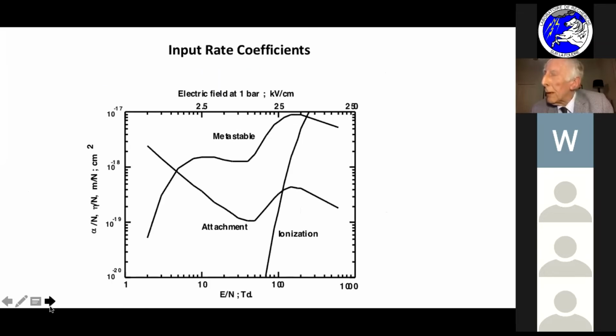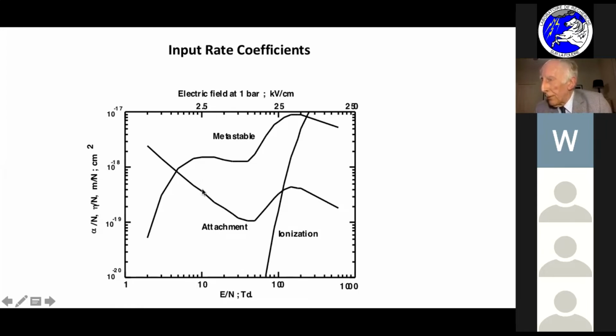Now, these metastables in oxygen, there are excitation rates which are known. The two basic, usually dominating mechanisms are ionization to form new electrons, and at high voltages you get very high ionization, and at low voltages you get no ionization.